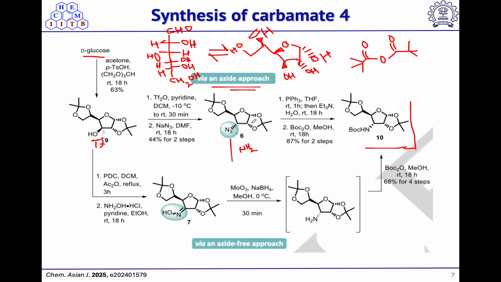Now similarly, what will happen? This amine will attack this carbon, and this group will leave. So basically, you will get this protected amine, NHBoc. Any doubt up to this compound 10?